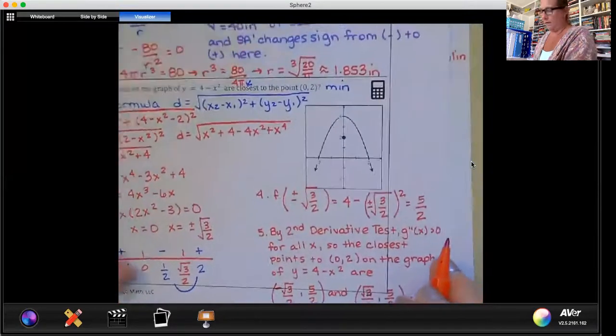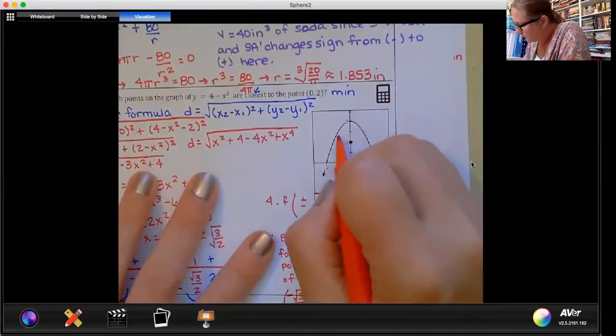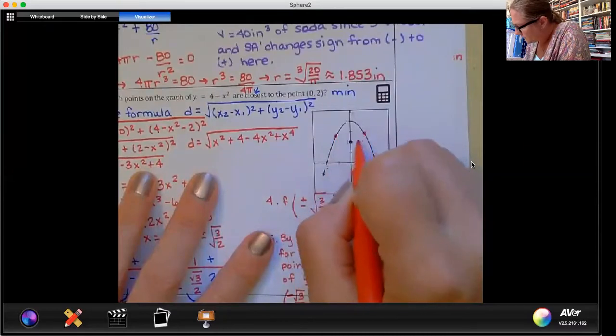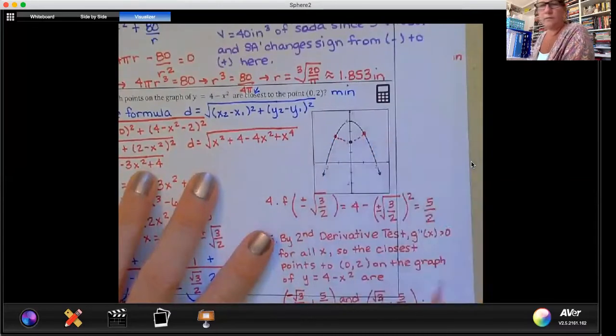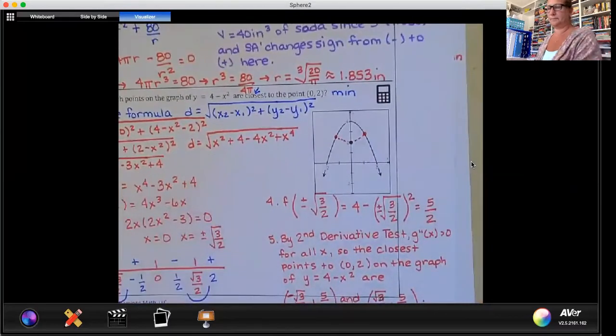So on your graph, they're approximately there.